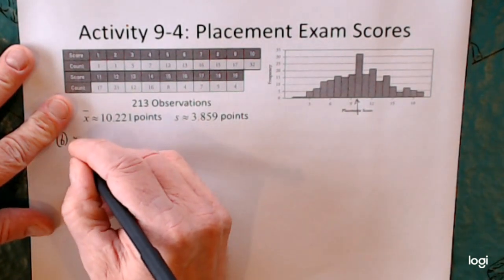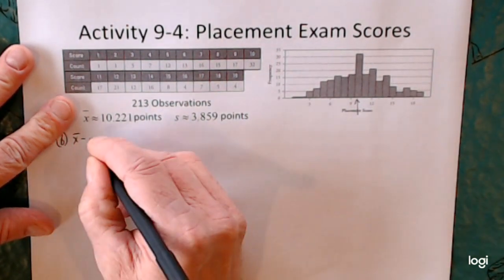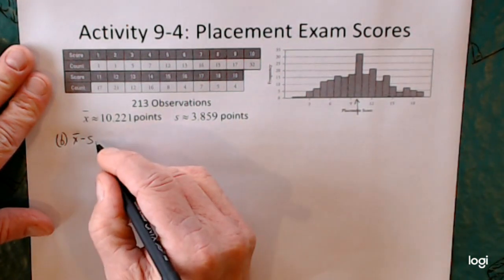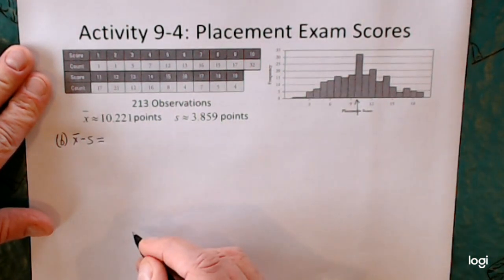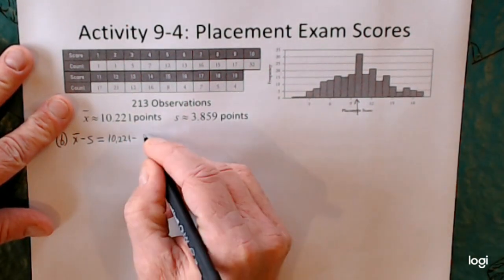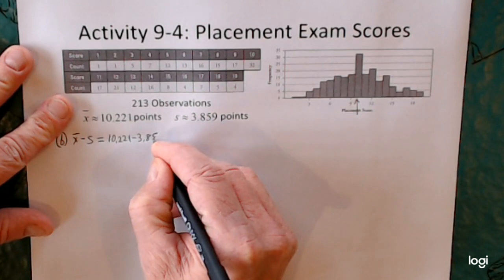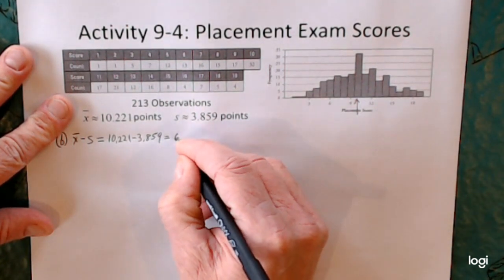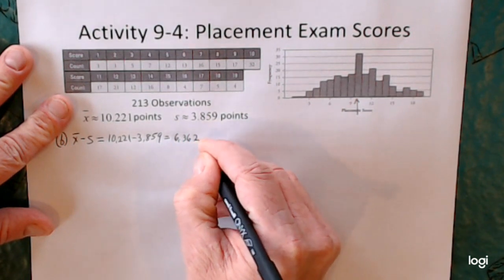When we subtract one standard deviation, our standard deviation is S, our mean is X bar. When I subtract one standard deviation, I get 10.221 minus 3.859, and that is 6.362.